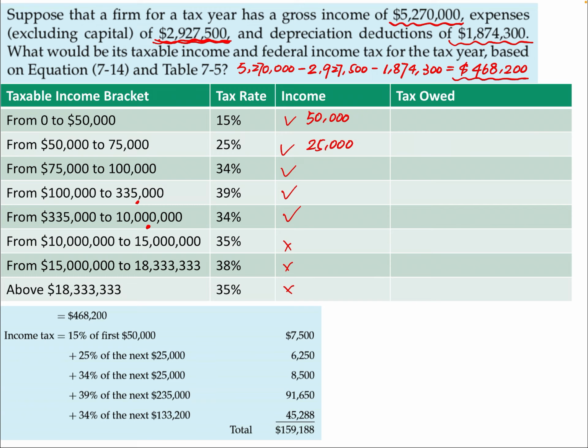you still have another 25,000, which is between the 50,000 to 75,000, and then you still have another 25,000 in this total taxable income, and also you have another 235,000 left, and then after that you still have 133,200 left.